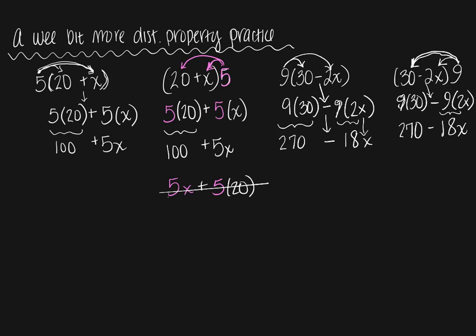Okay, let's look at doing a couple more. What if I have something like this? Negative 2 times 5x plus 3. And let's also look at negative 2 times the quantity 5x minus 3.